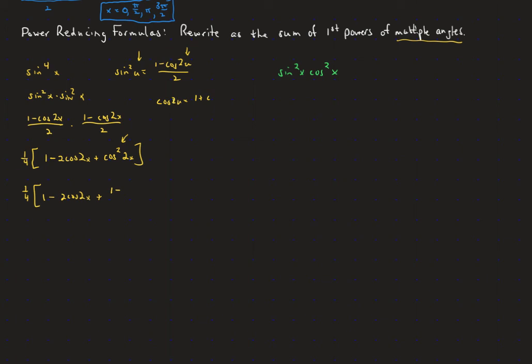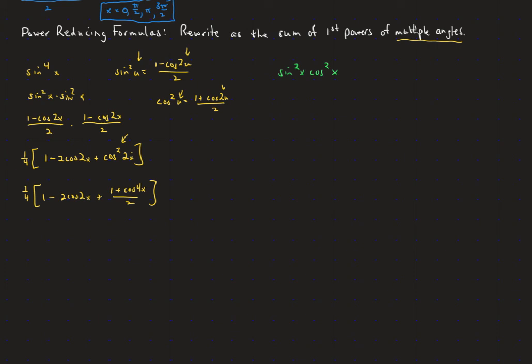Let me get the formula right. Cosine squared of u is 1 plus cosine 2u over 2. So our u is going to be that 2x, and 2 times that is going to make it 1 plus cosine 4x all over 2. Okay, I hope that made sense.